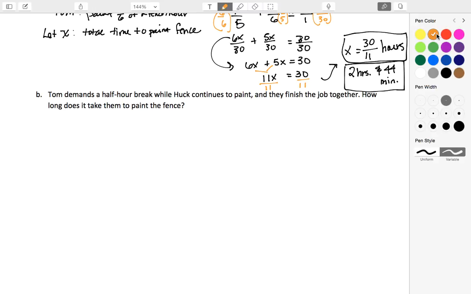Okay, so the key thing that's different in this problem is that we know that Tom demands a half-hour break. So Tom is pretty needy. And he demands this. He wants a half-hour break.